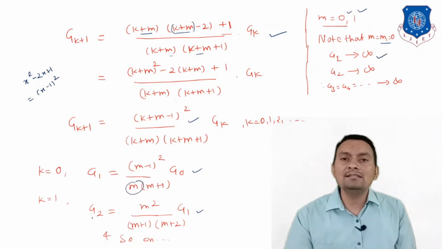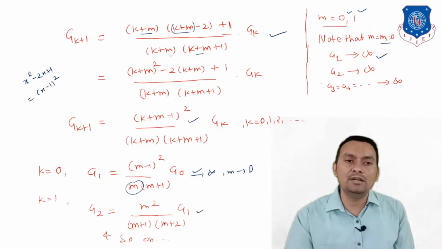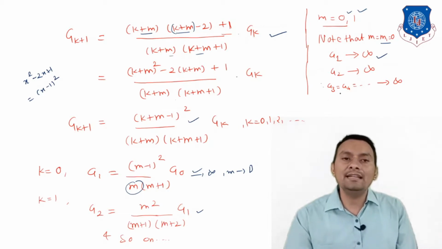If I replace a1, it tends to infinity as m tends to 0. The same argument occurs with a2, and the same argument for a3 and so on. So a1, a2, a3 and so on, all these terms tend to infinity.